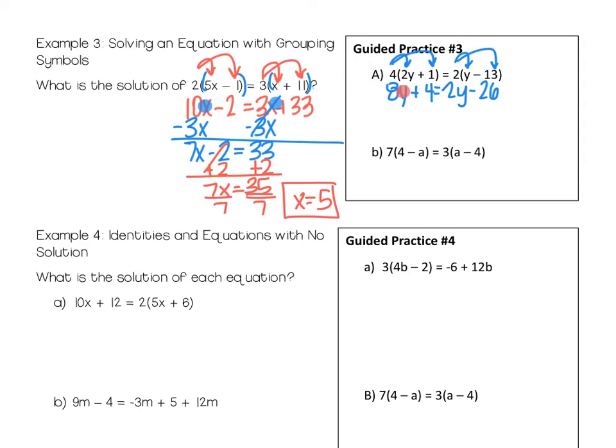I have two of the same variable, so I have to move them to the same side of the equal sign. So I'm going to subtract 2y from both sides, and I get 6y plus 4 equals negative 26. Make sure the sign stays with the number.